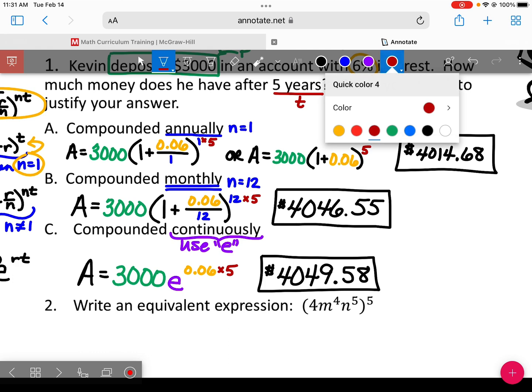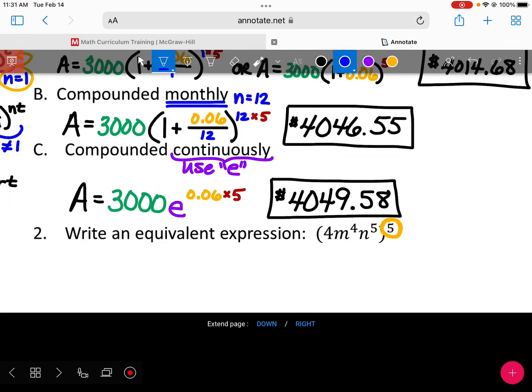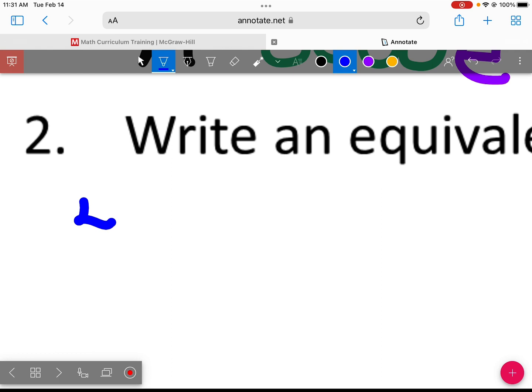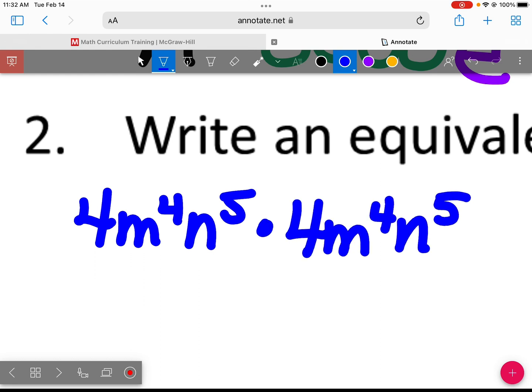What does it mean for something to be to the 5th power? Times itself 5 times. So this is 4 m to the 4th, n to the 5th, times another 4 m to the 4th, n to the 5th.